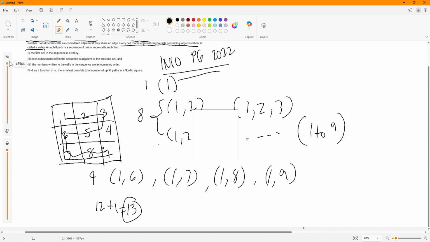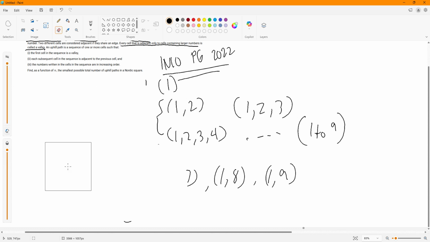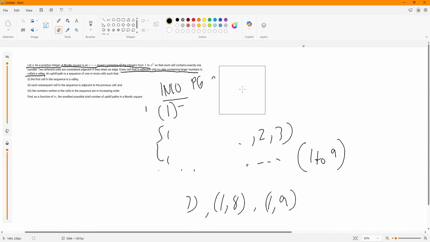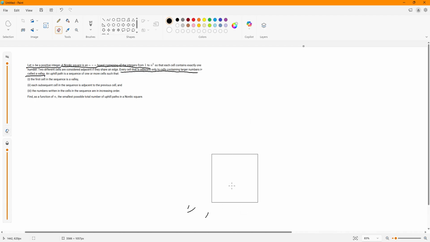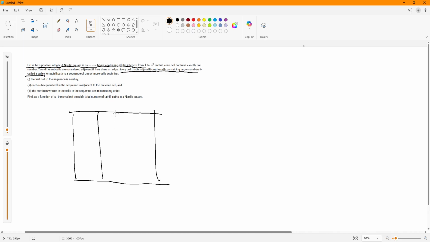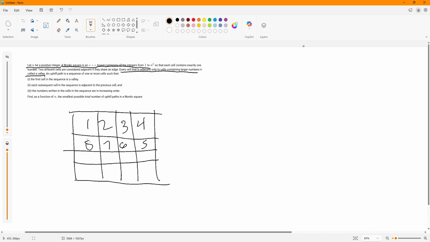What if we get a little bit bigger, like a 4 by 4 square? Then we will arrive at this: 1, 2, 3, 4, 5, 6, 7, 8, 9, 10, 11, 12, 13, 14, 15, 16.